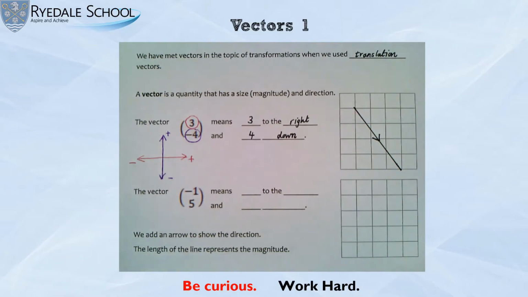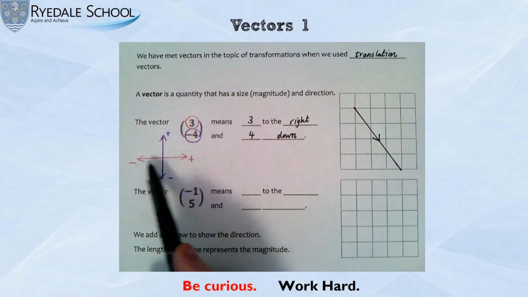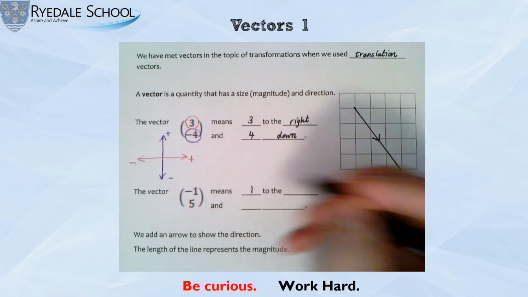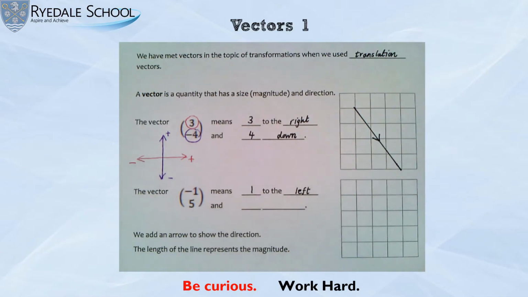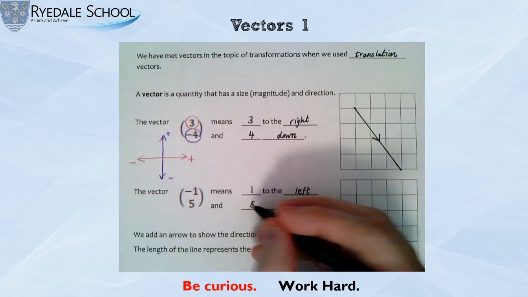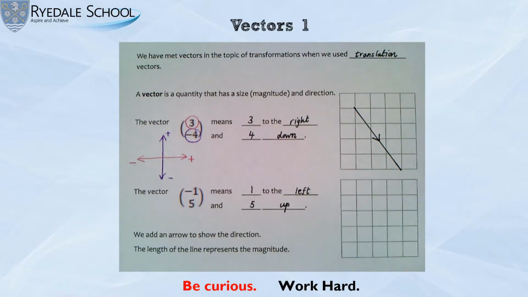Right, let's look at this second one. Similarly, we've got -1, which means 1 to the left, and positive 5 is going to be 5 up. Again, pick a sensible place to begin, so I've got room to do 5 up.